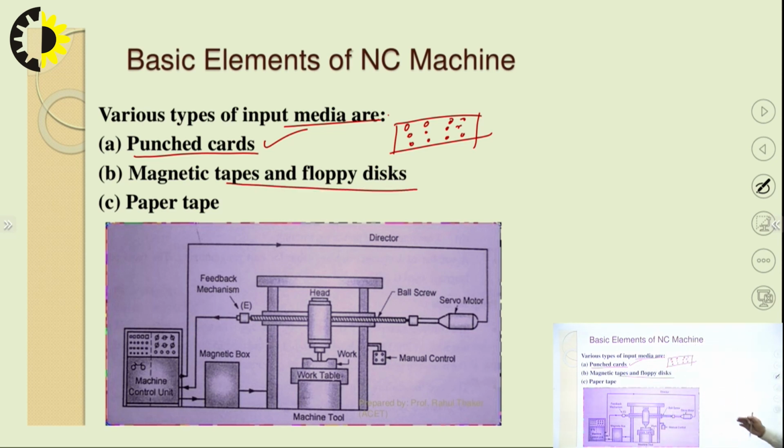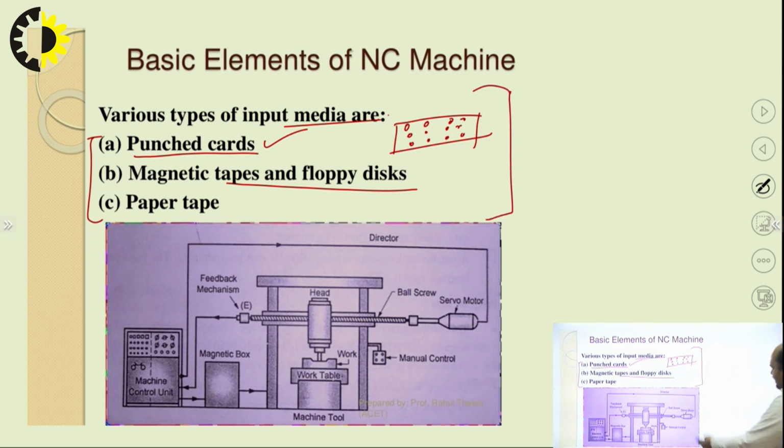These magnetic tapes and floppy disks also contain the coded information for part programming and its execution. All these systems, punch card, magnetic tape, floppy disk and paper tape, were used in olden days. Nowadays, part programming with G codes and M codes is very popular in numerical control machines. These NC machine tools were used in olden days.